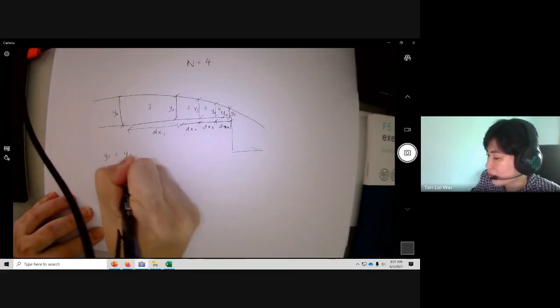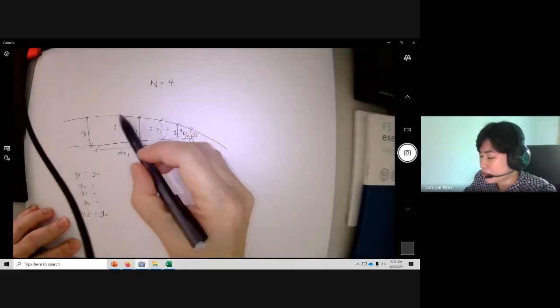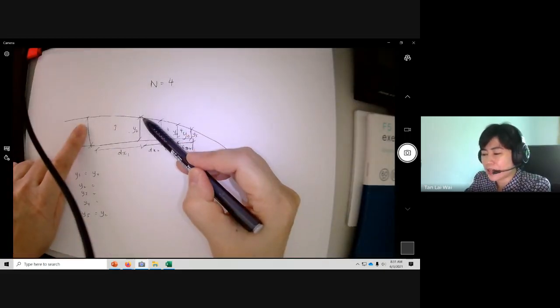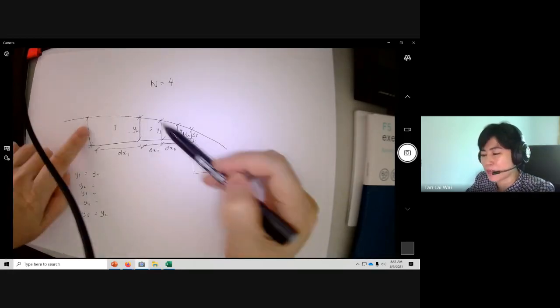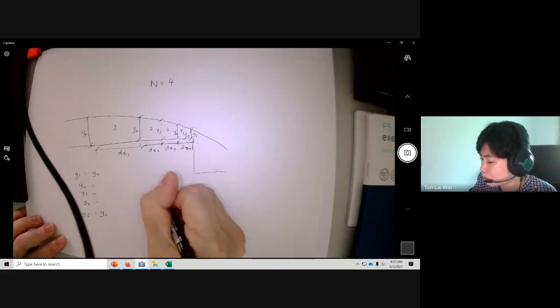Now we know that the decline of the depth of flow, I've told you that we are going to make it constant. Now, how are we going to make it constant?